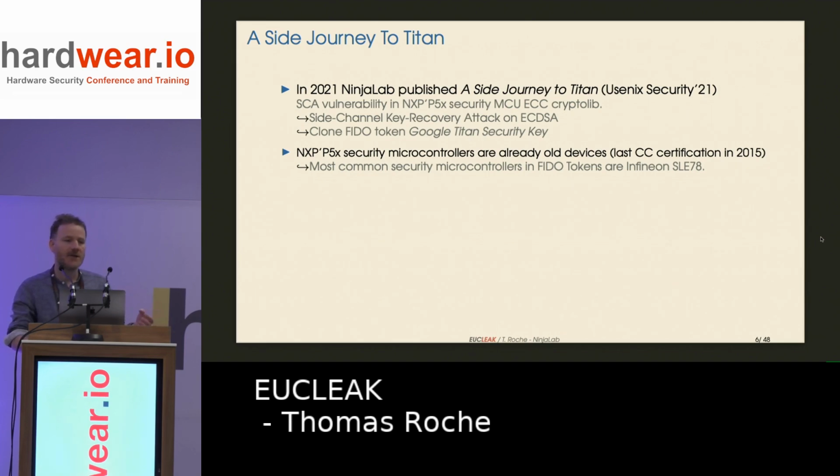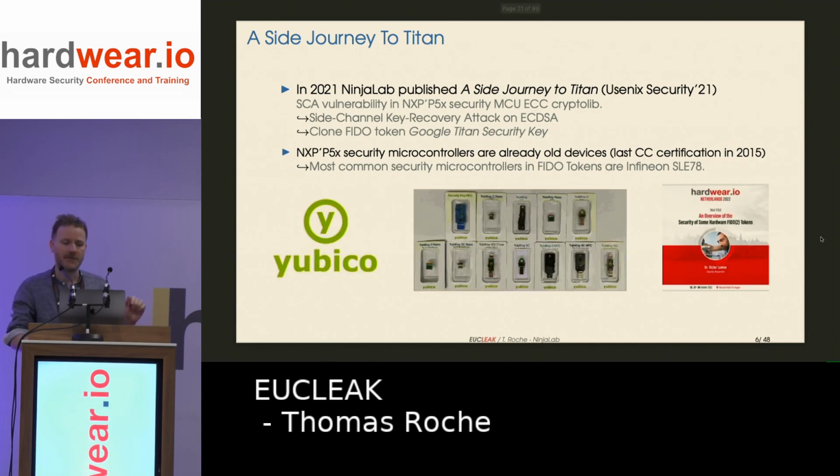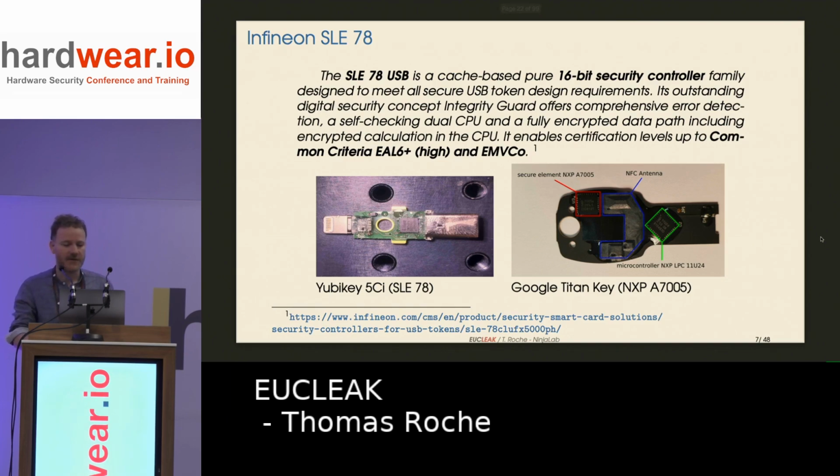It happened that the secure element we attacked was from NXP, from the P5 family, and it's quite an old secure element. We then understood that more recent FIDO tokens were based on other secure elements, and in fact most of them were based on the SLE78 from Infineon. Now, Yubico, the leader in FIDO hardware tokens, has all its FIDO tokens based on this secure element. So this is what drove this research.